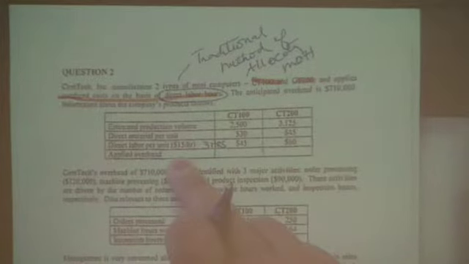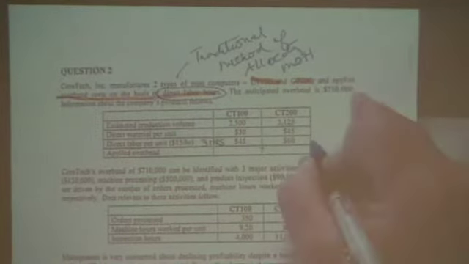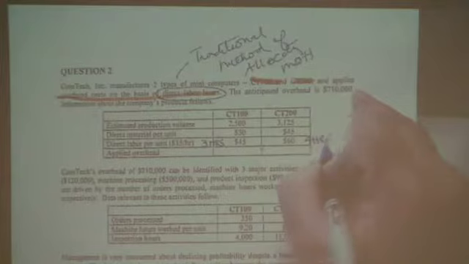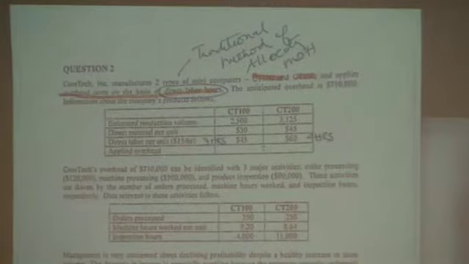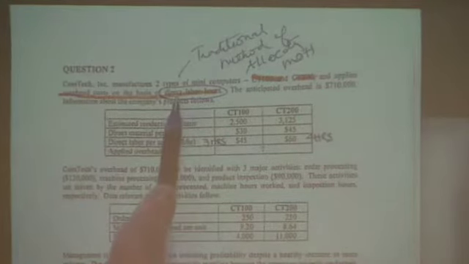Similarly, if you take 60 divided by 15, it must have taken you 4 hours to make CT200. That's going to be relevant because remember, traditional is based on direct labor hours, so you need to know how many direct labor hours there are.